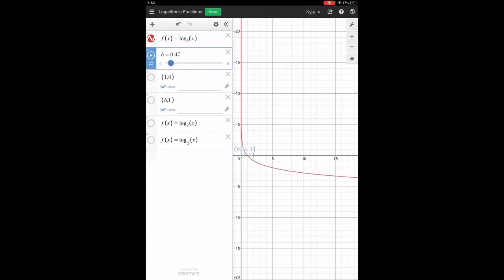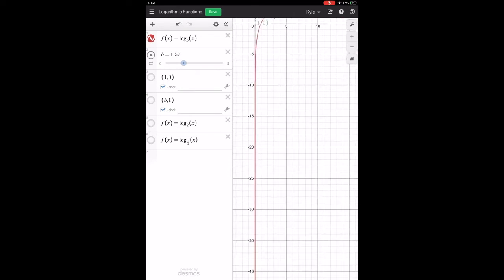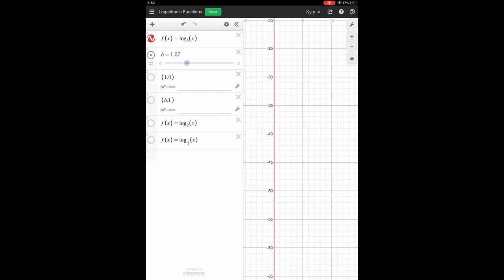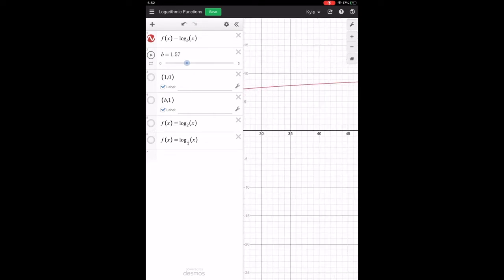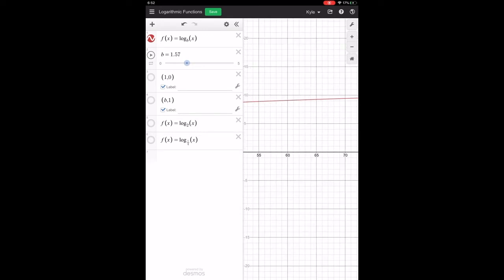Whether we're in decay or we're in growth, we have the same range. Let's start with growth. This red line is shooting down towards infinity. It keeps going downward and downward and downward, okay? While this side keeps increasing. It keeps going up and up and up. Very slowly, but it still keeps increasing.